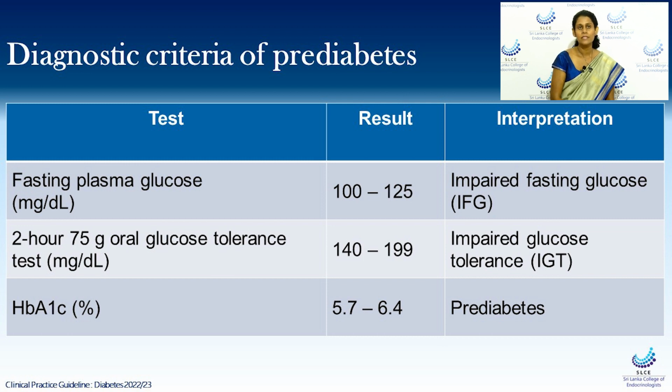If the 2 hour 75 gram oral glucose tolerance test value is around 140 to 199, then this is known as impaired glucose tolerance. An HbA1c level between 5.7 to 6.4 is known as prediabetes. So these are the criteria for us to come to a diagnosis of prediabetes.